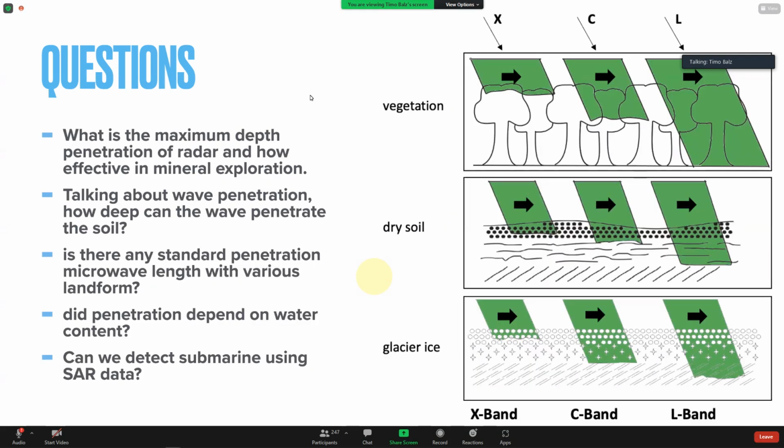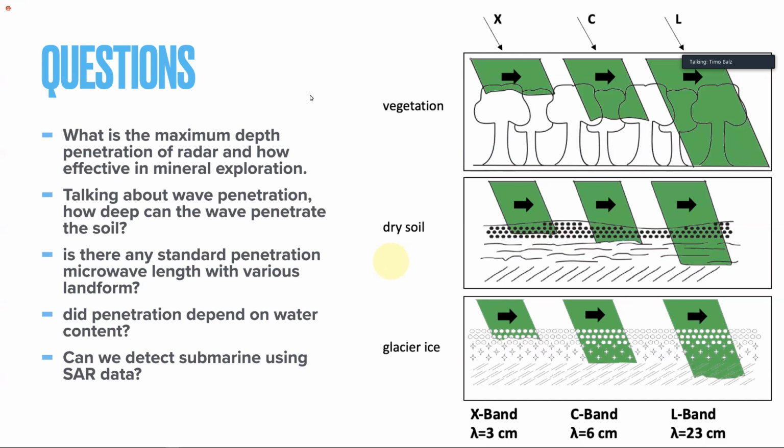Then we got several questions on the penetration. What is the maximum depth of penetration for radar, and how effective is it in mineral exploration? The answer to the second part is very simple: zero, because you're not getting very deep.